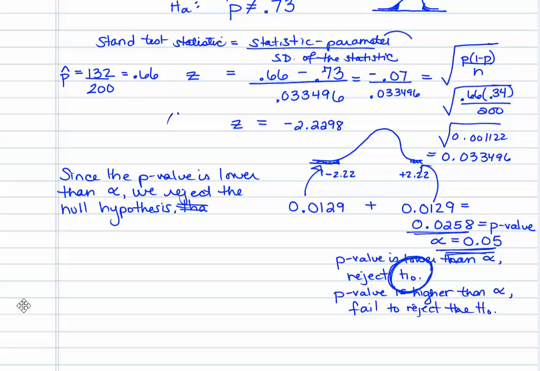Got ahead of myself. We can conclude, and the question said, is there good evidence that the proportion of all first-year students at this university differs from the national value, 73%?